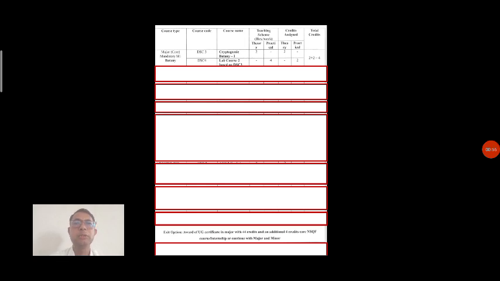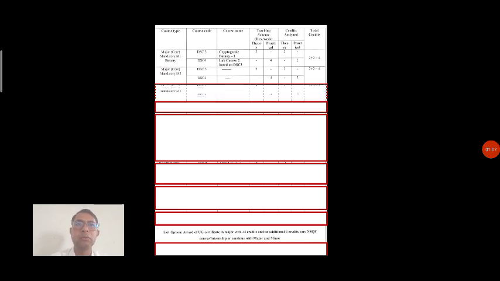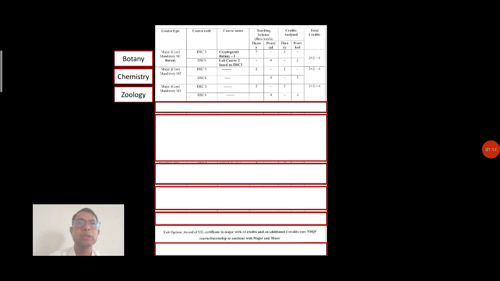So botany is your M1 group, or we can say it is the M1 subject. Second is M2, that is the second subject which we call major subject, and the third one is M3 or the third major group. Now in botany, Cryptogams 1 is the first paper included in your syllabus.